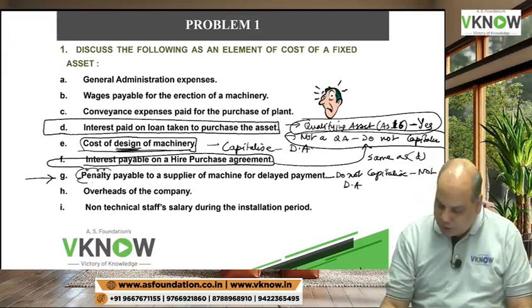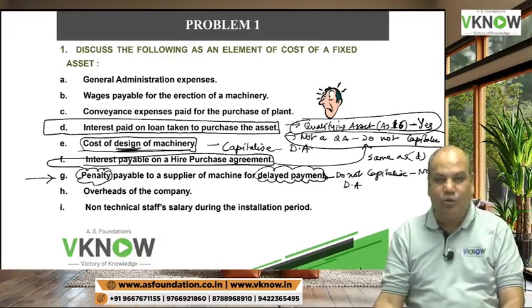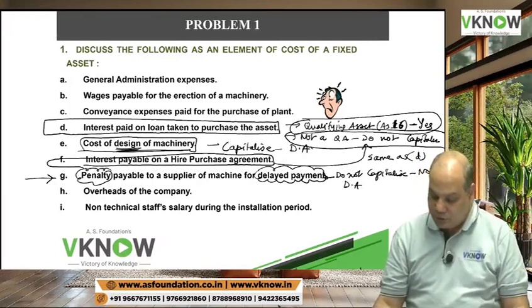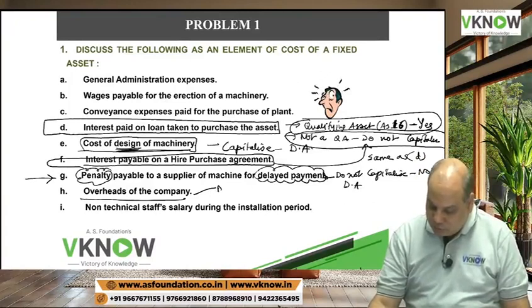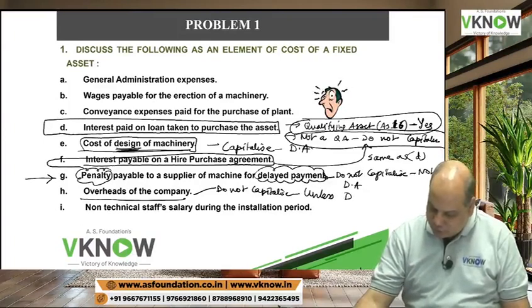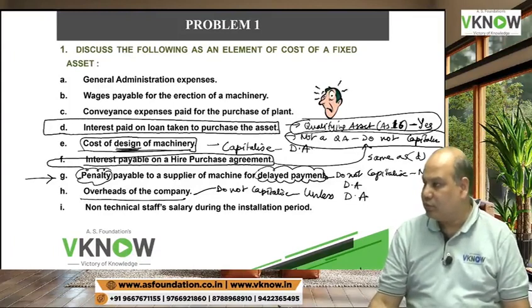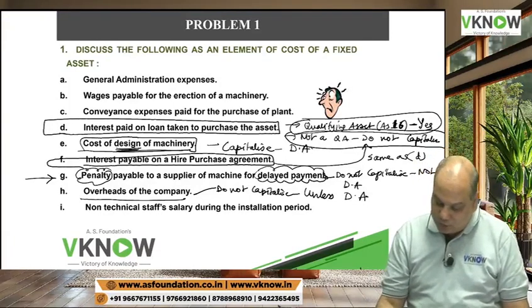You are paying penalty for delayed payment. It has nothing to do with bringing the asset to its present location and condition. Overheads of the company, do not capitalize unless directly attributable.